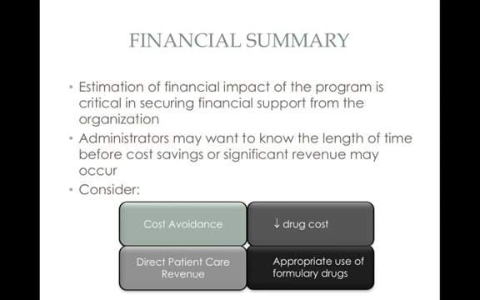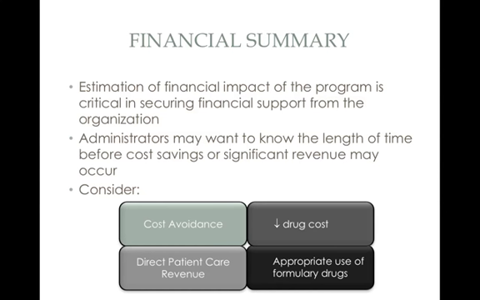Maybe not the most convincing, but probably the most common method of reimbursement for pharmacy services is the cost avoidance or cost savings strategy. Decreasing drug cost is another effective method by increasing generic use, decreasing cost or number of prescriptions per patient. Antibiotic stewardship reduces antibiotic use and reduces length of stay.